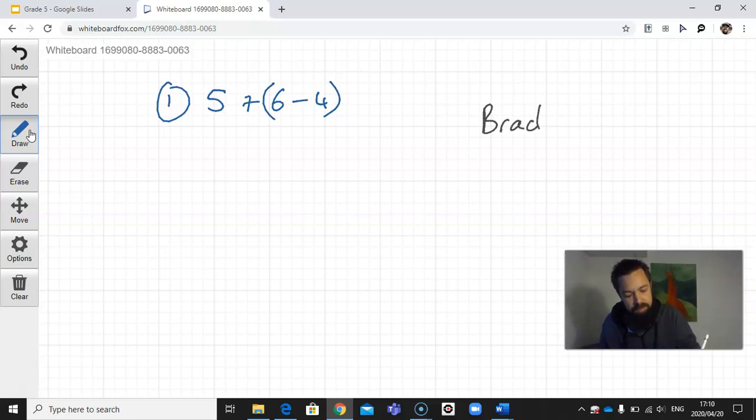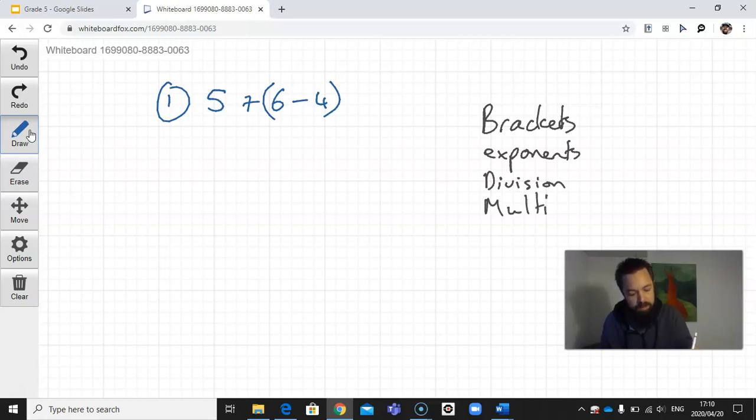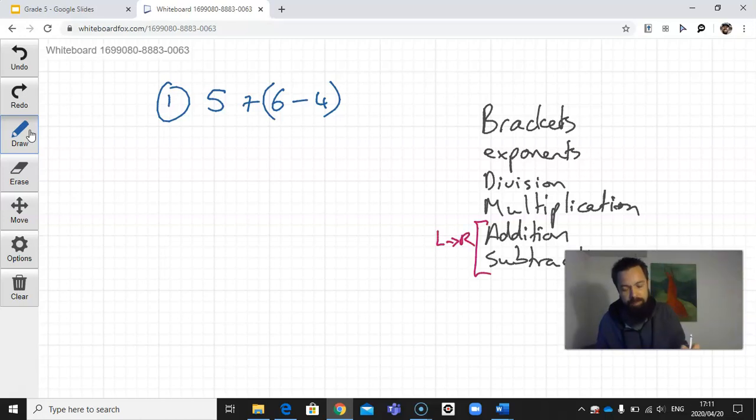Brackets, exponents, division, multiplication, addition, subtraction. Remembering that when we get to here, we go left to right. So when the only things left are those, we go left to right.